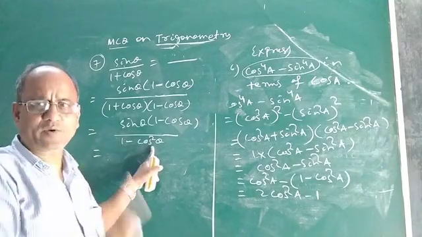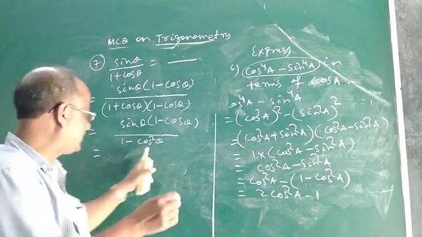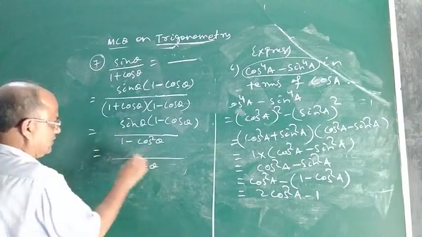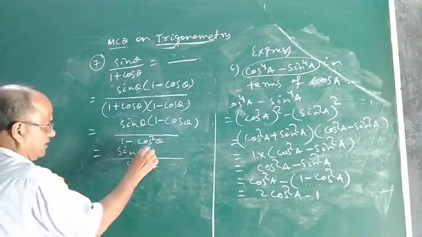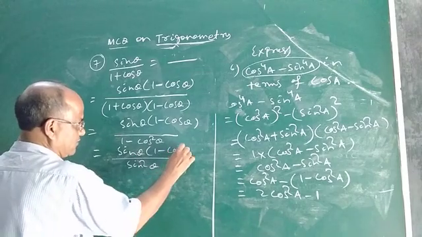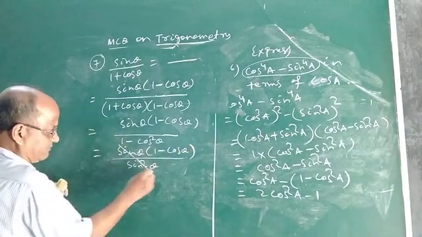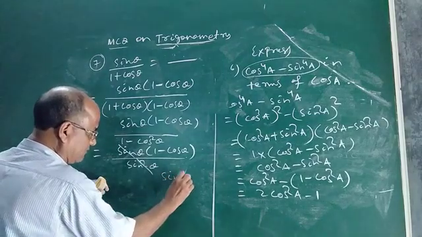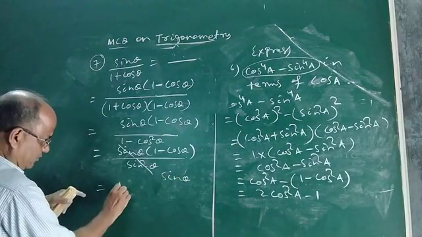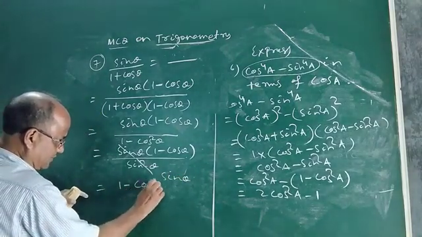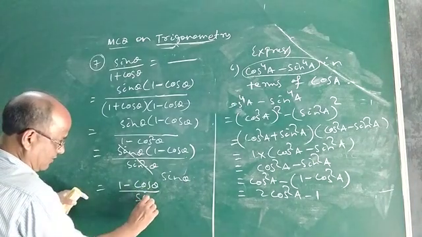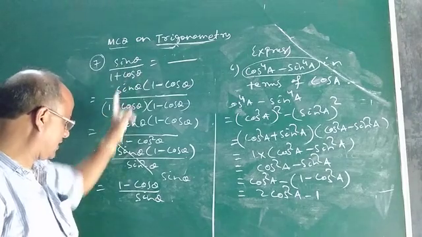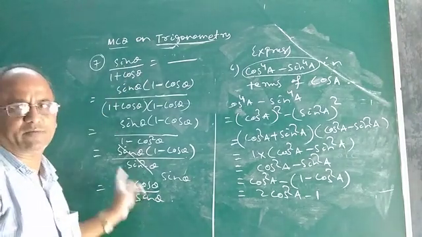Now 1 minus cos^2 theta is equal to sin^2 theta. So let us put sin^2 theta here. Now sin theta and sin^2 theta will cancel, leaving sin theta. So the answer will be (1 minus cos theta) by sin theta. So sin theta by (1 plus cos theta) becomes (1 minus cos theta) by sin theta.